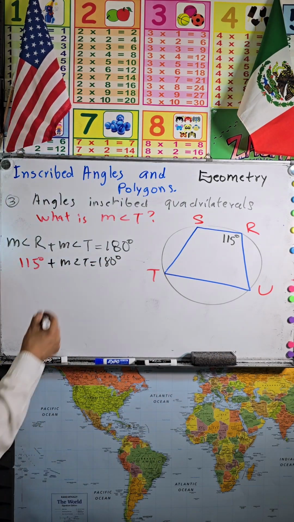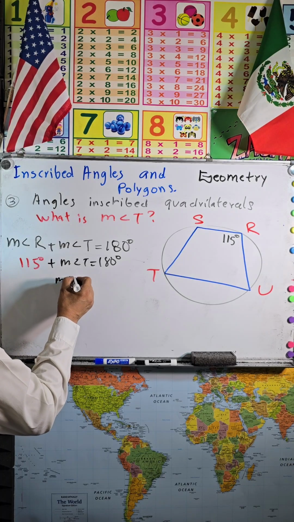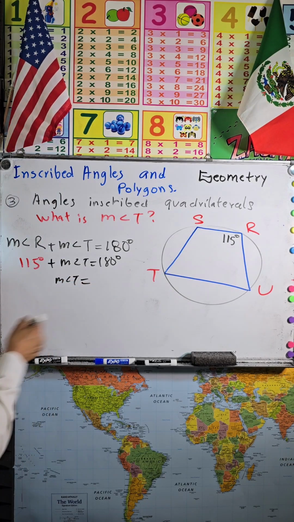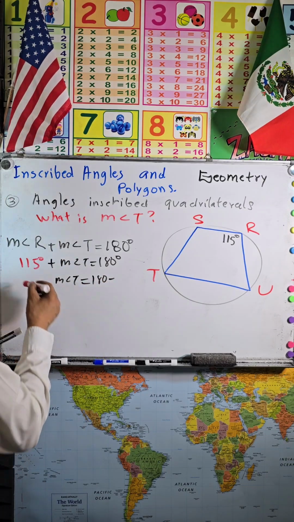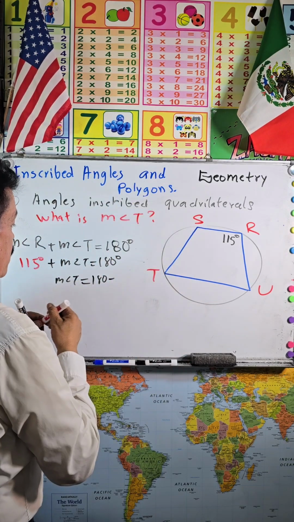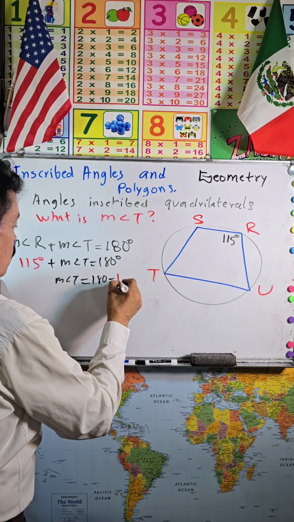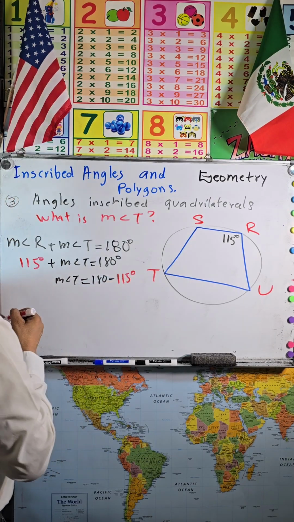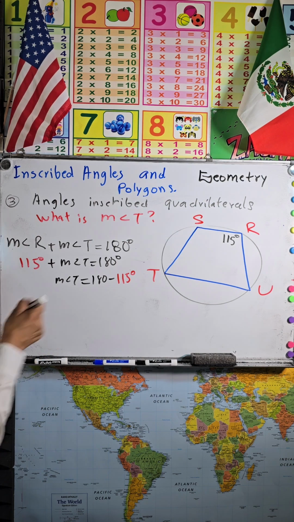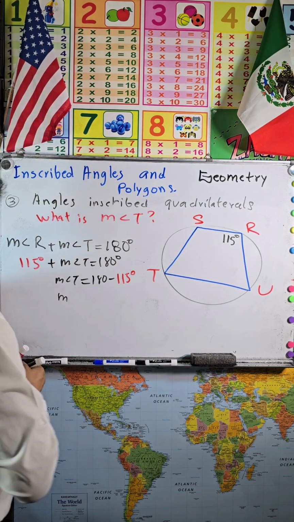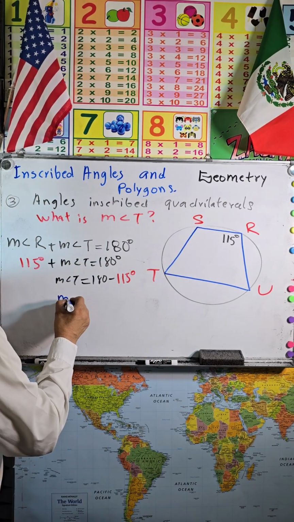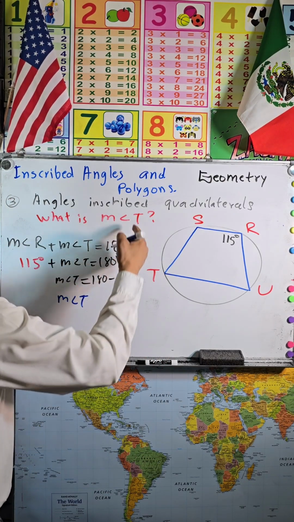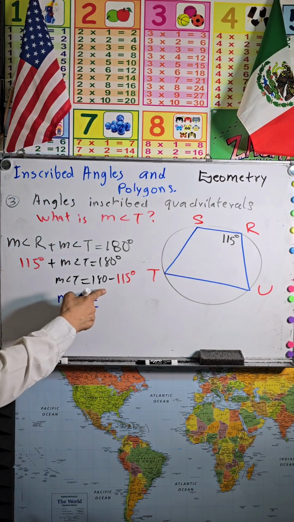So now next step, the measure of angle T equals 180 minus 115 degrees, because you must move it to the other side and subtract. The measure of angle T is the question.